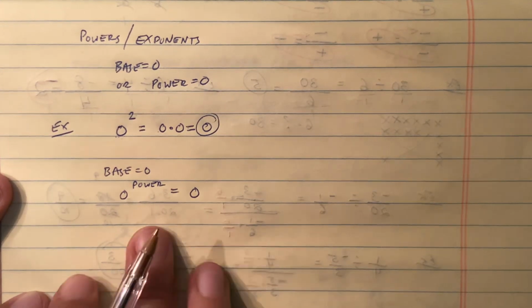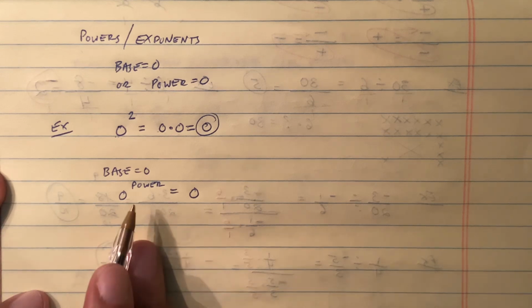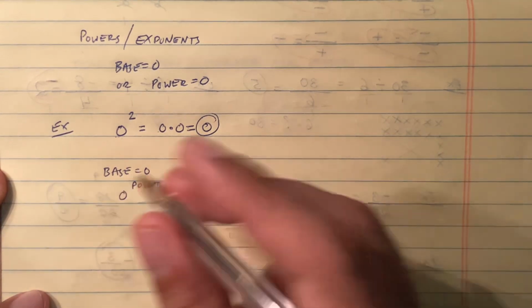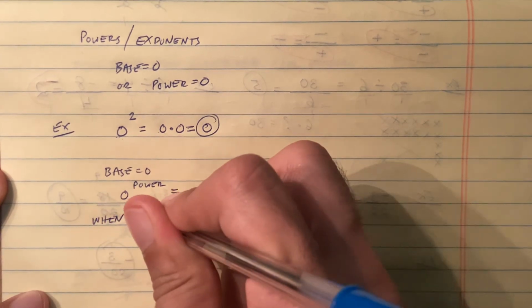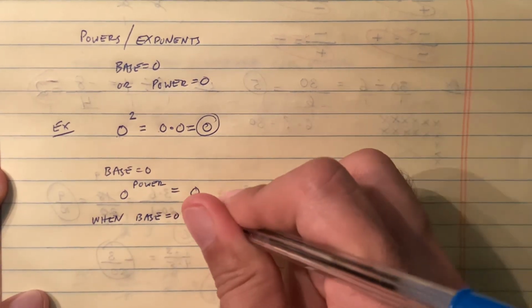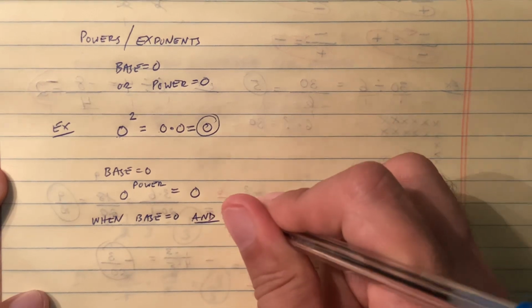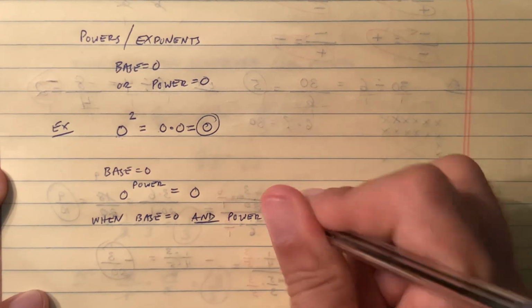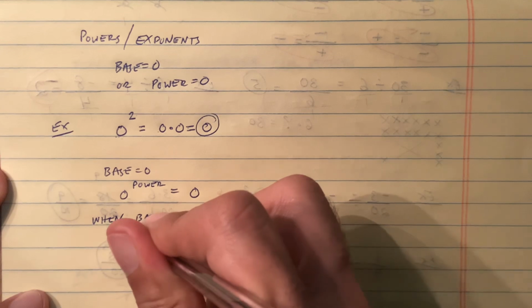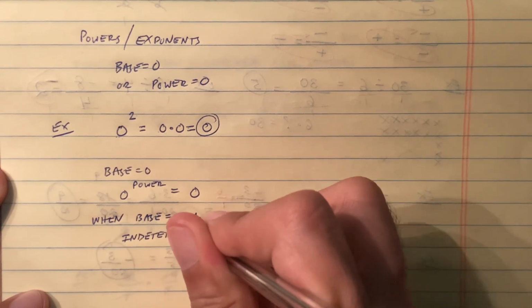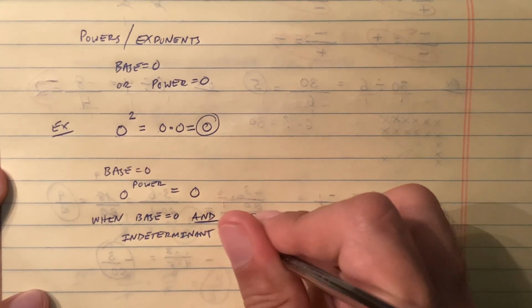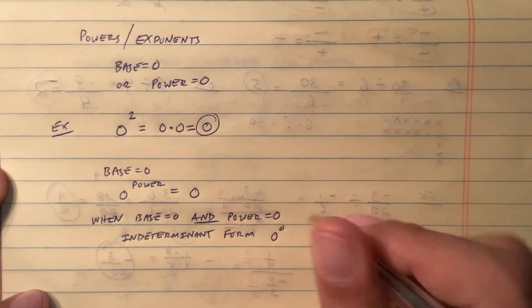Now, the only case that we need to be a little bit careful of is when the power equals 0 also. So when the base is equal to 0 and the power is equal to 0, that's actually called an indeterminate form. Indeterminate form. So 0 raised to the 0 power.